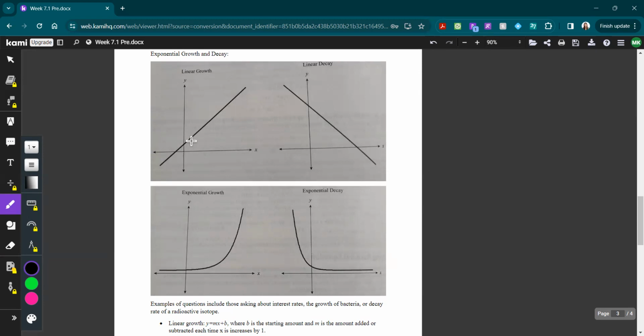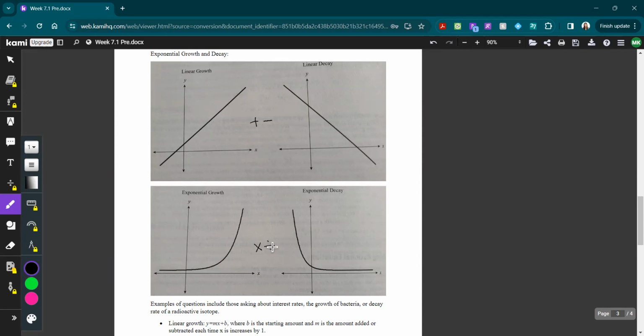With linear, if you were also given an equation, or maybe even a table, linear is a plus or minus difference. I repeat, it's a plus or minus difference. That's why you have slopes. The slopes are plus or minus. Whereas with exponential growth, it's a times or divide difference.